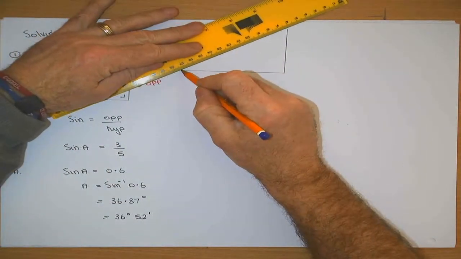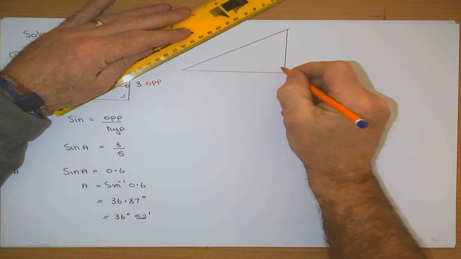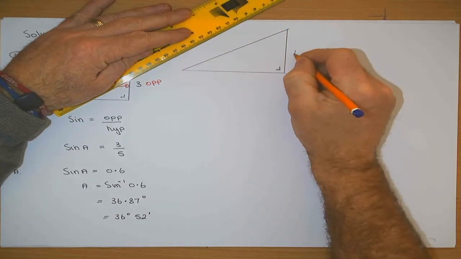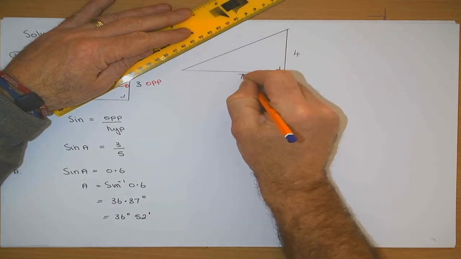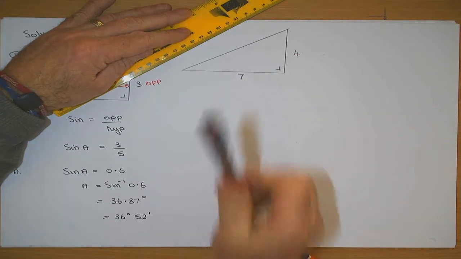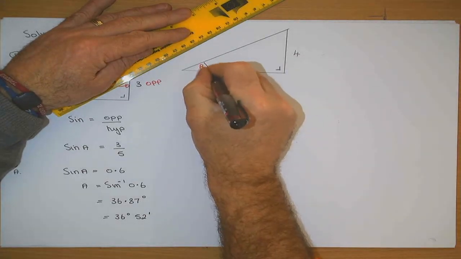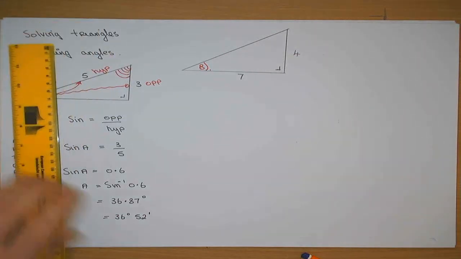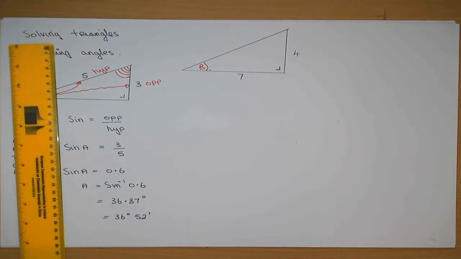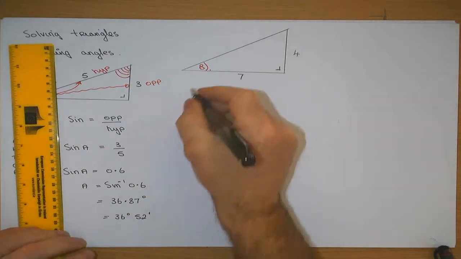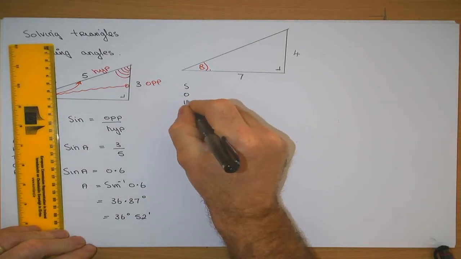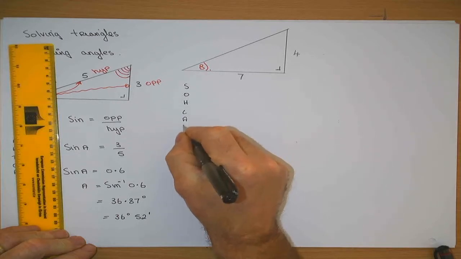Right angled triangle. 4, 7, and they want me to work out here angle B. Now you're going to hear this said hundreds of times. The first thing you do when you have to solve a right angle triangle is you write down Sohcahtoa.